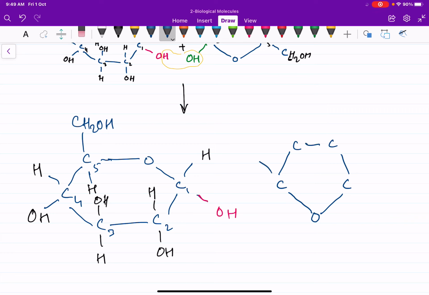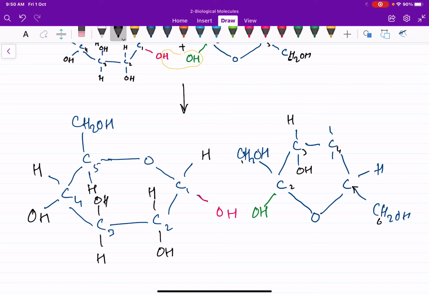So this will have CH2OH, and this will have CH2OH, and this is a hydrogen here. So this is carbon number 1, this is carbon number 2, this is carbon number 3, this is 4, this is 5, and this is 6. So carbon number 3 has an OH group here, hydrogen here, OH group here, and hydrogen here.